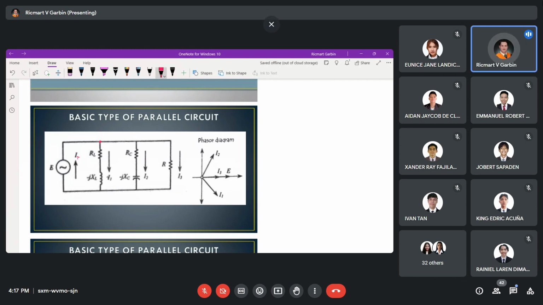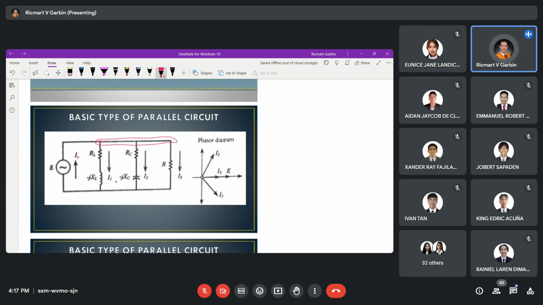So, there will be I1. Tapos, since isang node lang naman, magkakaroon ng I2 dito sa branch na to, or dito sa impedance na to, at saka dito.